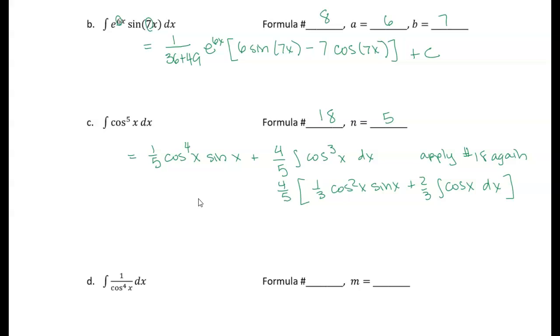I think we can just write the final answer now. I got 1/5 cosine to the 4th of x sine of x plus, I'm going to distribute the 4/5, so I get 4/15 cosine squared of x sine of x plus, again distributing the 4/15, I'm going to end up with 8/15, and then the integral of cosine is sine of x plus c.